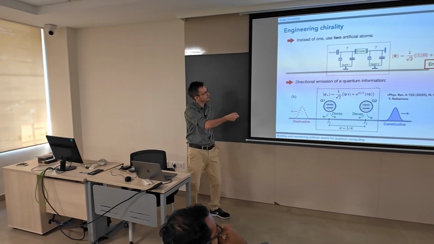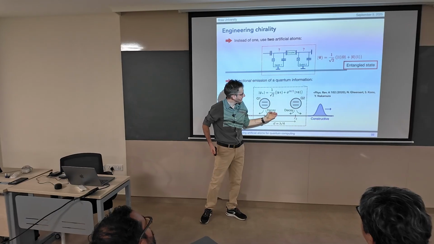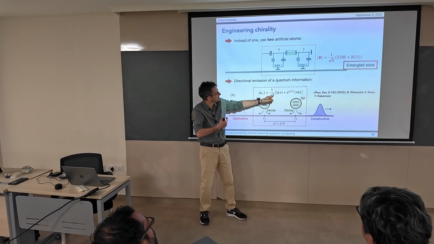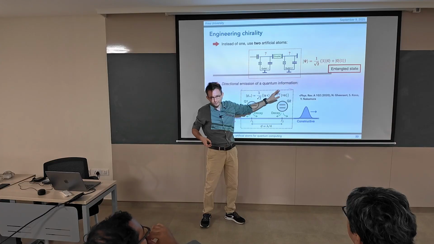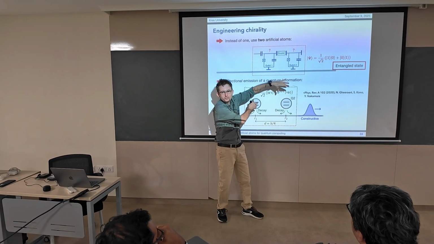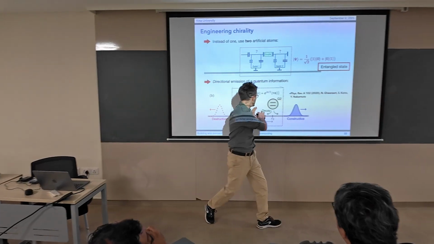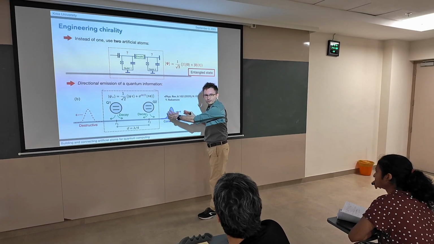When you send that entangled state, the emission has this state, 0, 1 plus 1, 0. There's an additional phase you need to add. This simultaneous emission through these two qubits is going to lead to a constructive interference on one side of the two qubits.